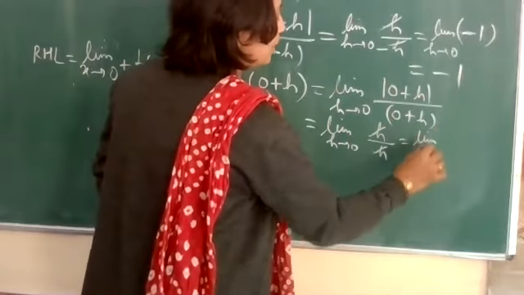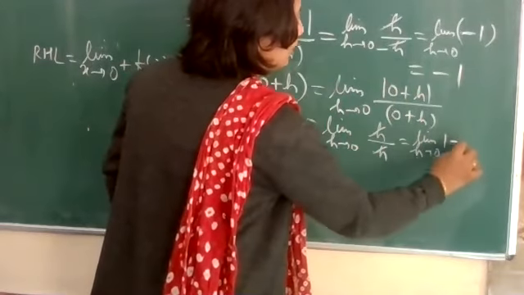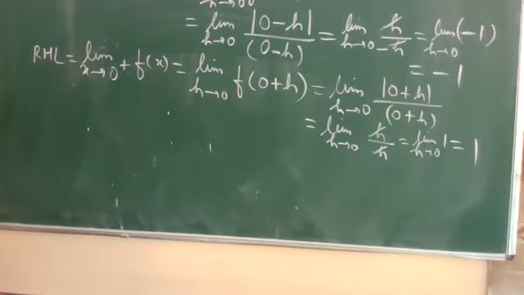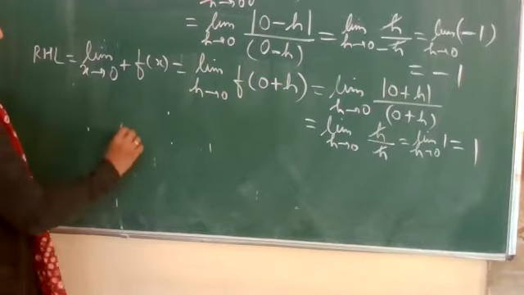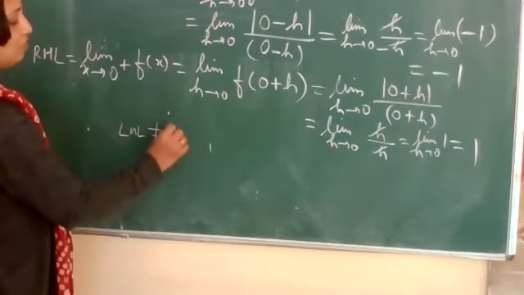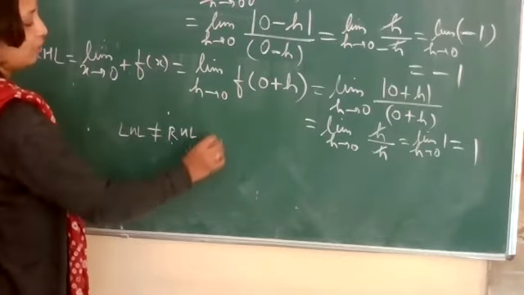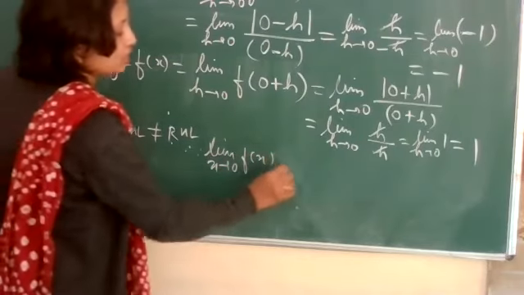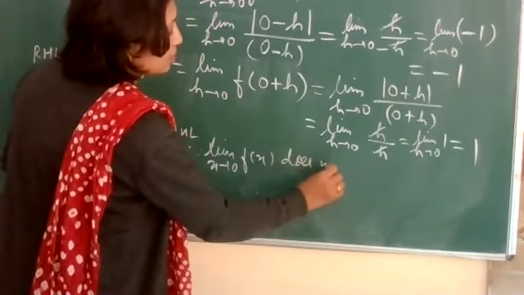We get limit h tends to 0 of 1, and this is equal to 1. So left hand limit is minus 1, right hand limit is plus 1. Not equal, so does not exist. Yes, left hand limit is not equal to right hand limit. Therefore limit x tends to 0 of f(x) does not exist.